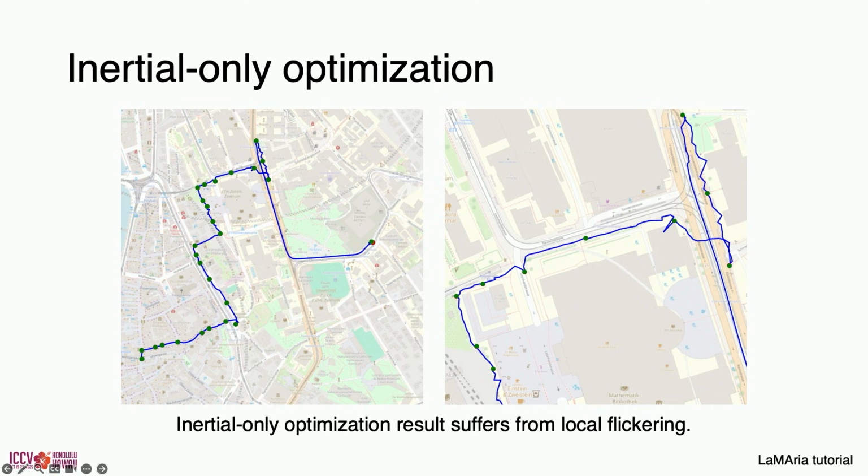Over here, as you can see, it's just not accurate enough and it suffers from local flickering on the right. So it's simply not accurate to run inertial only on these sequences.